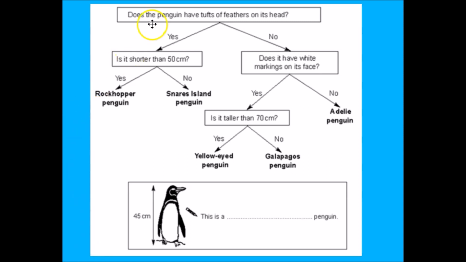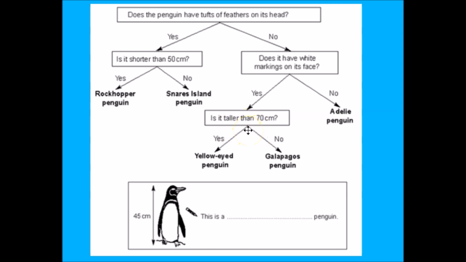So, over to the top. Does the penguin have tufts or feathers on its head? Take a good look. I think the answer there is definitely no. Does it have white markings on its face? Yep, I can see some white on its face. So there, we're going to go over here to the yes section.